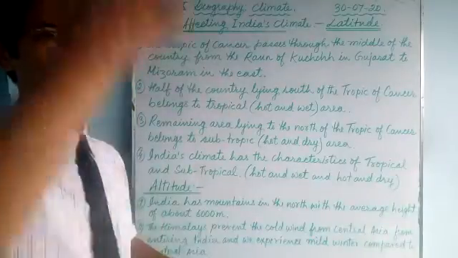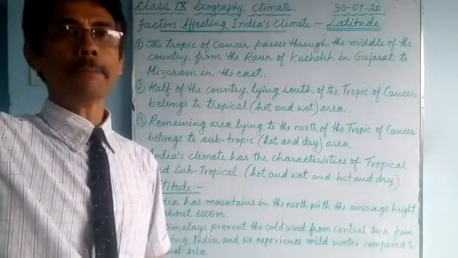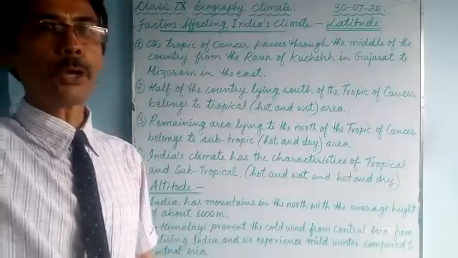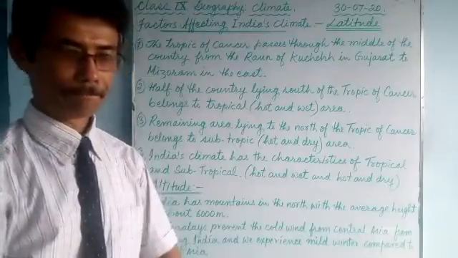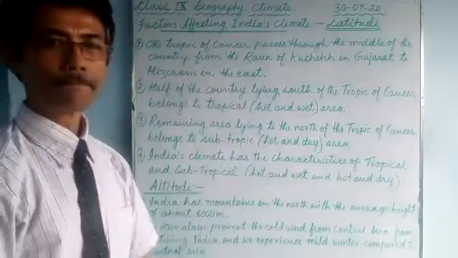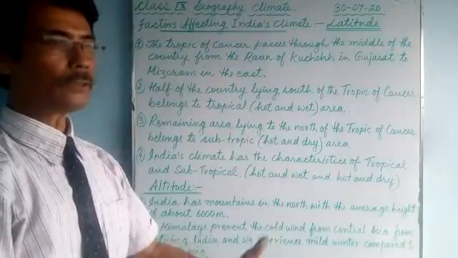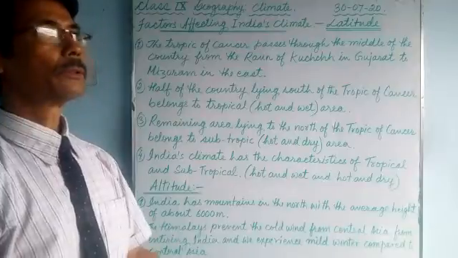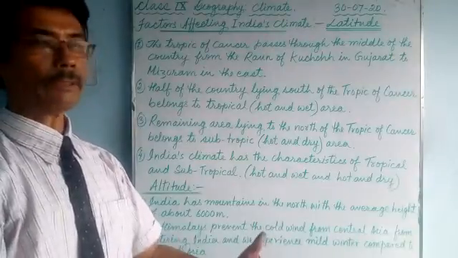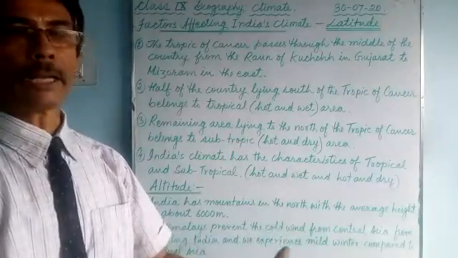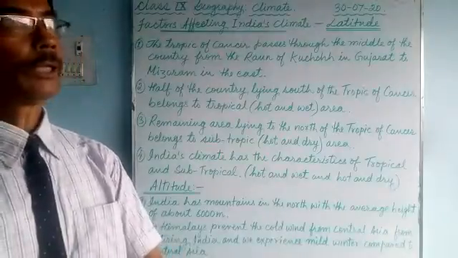There will be convection current. And by 2, 3, 4 o'clock, it rains very heavily. The next day again, in the morning, you will have hot weather. The sun shines brightly, and again in the afternoon, it rains.